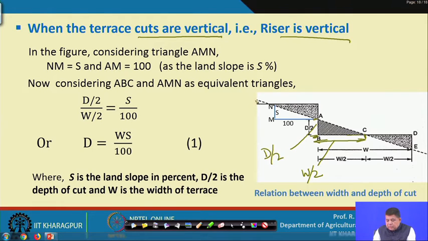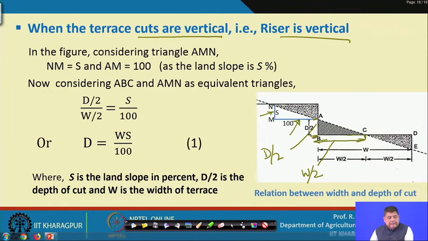At the same time, we also know that the land slope is S%. So, that means if we consider a triangle MNA, MN is S and this is 100. So, that is S meter fall over 100 meter, that is the concept we use.